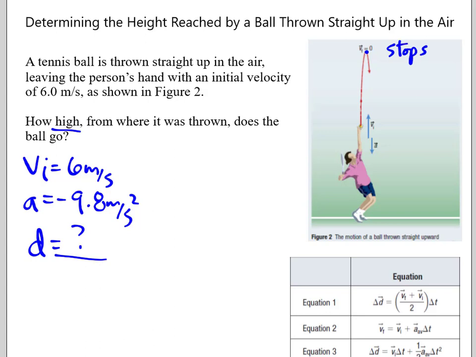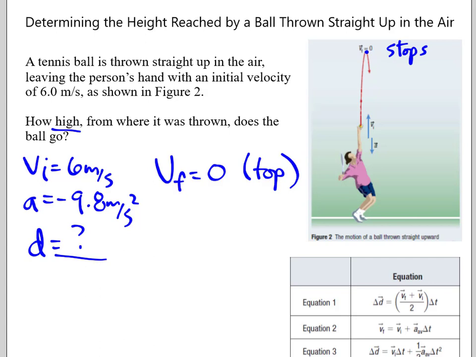So on its journey upward, at its highest point, VF is 0. And this is at the top. I like to put in the little brackets to describe where these things are happening, because sometimes it can get very confusing. So those are our pieces of information to do the journey from the hand to the top, and that will allow us to figure out what D is.